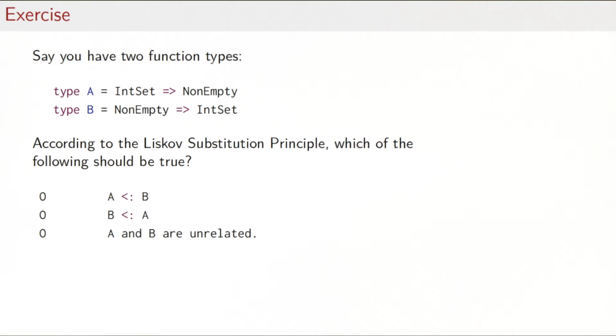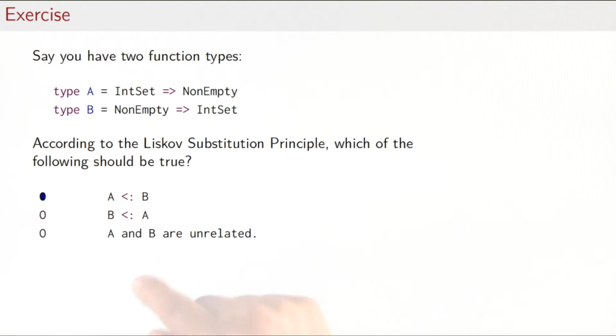So I will argue that type A is a subtype of type B. Why? Well, let's look. What can you do with a type B, a function from non-empty sets to int sets? Well, you can pass a non-empty set to it and receive an int set back. Can you do the same thing with type A?